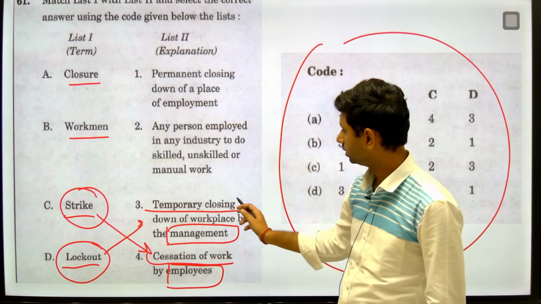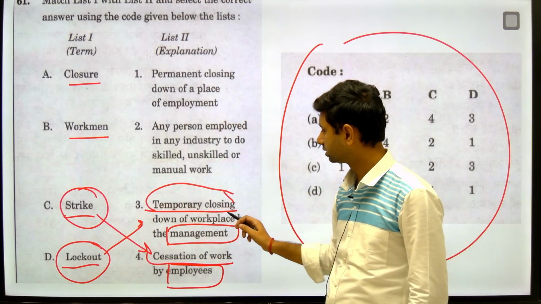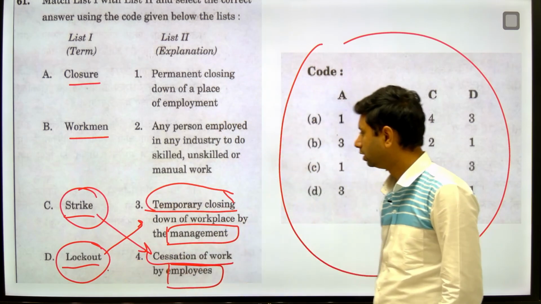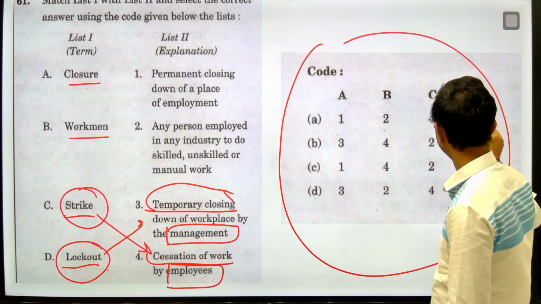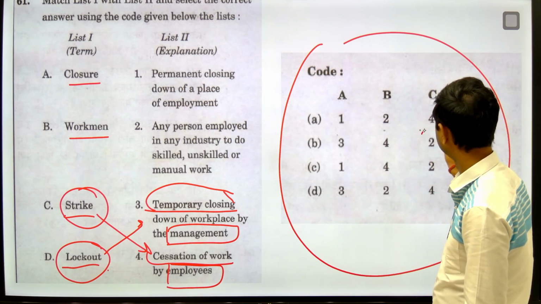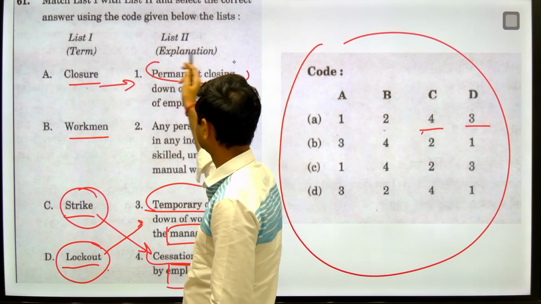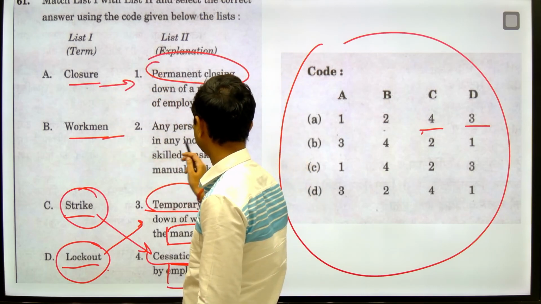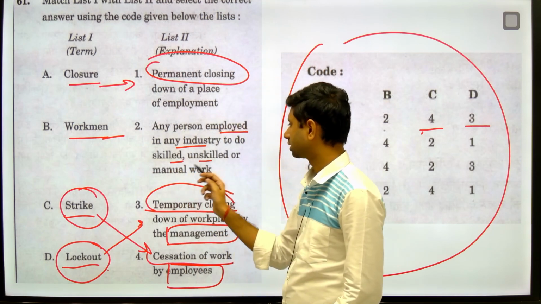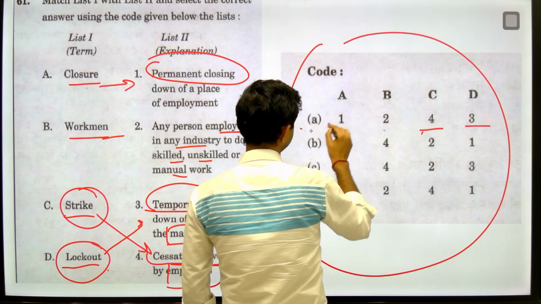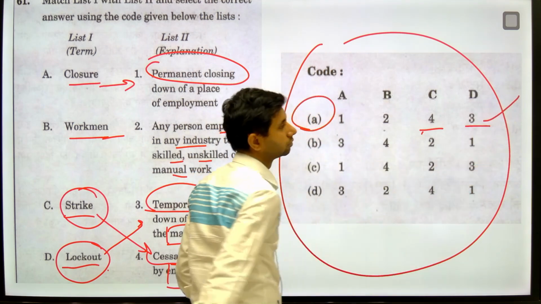So temporary closing down of a workplace by management is the lockout. So D3 and C4. And let's see the definition of closure also. Permanent closing. Workmen: any person employed in any industry, skilled, unskilled, manual work. So A will be the right option.